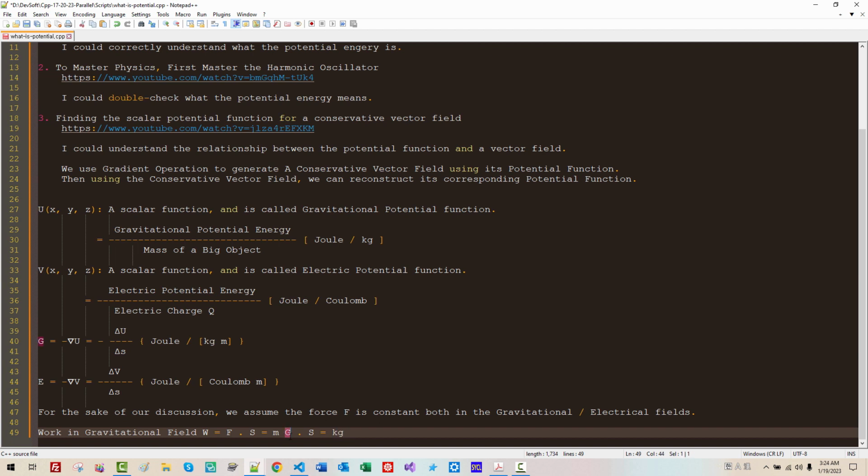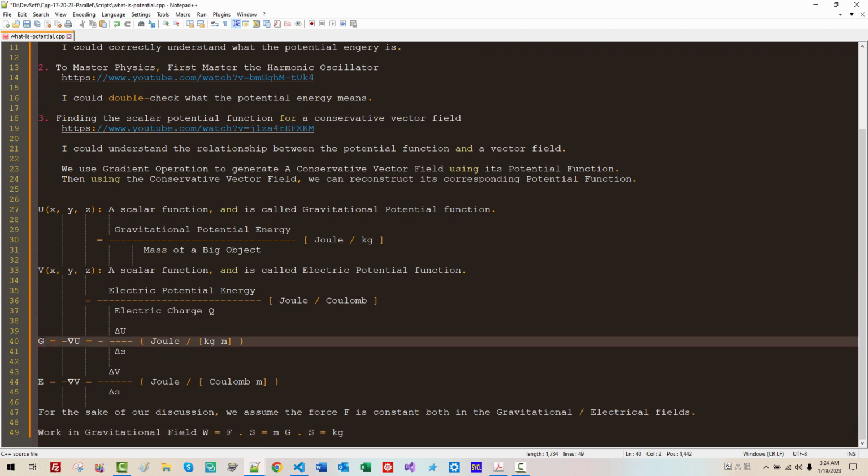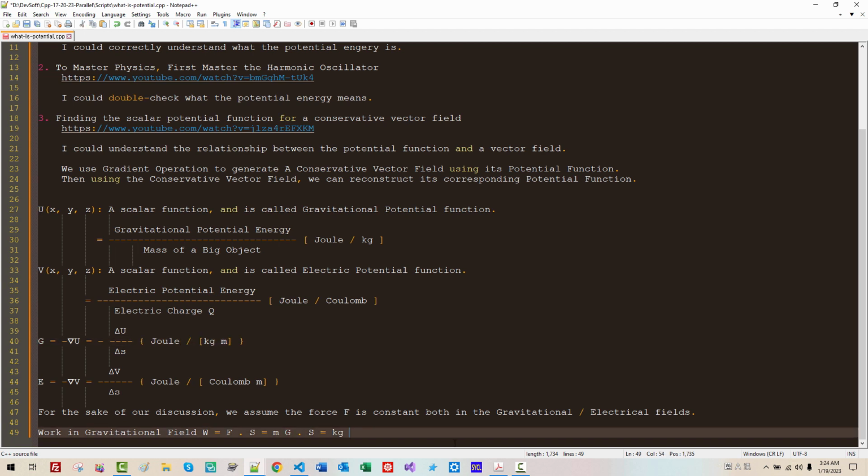Then g, the gravitational field, has this unit. Then S is distance, so its unit is meter. From this, the kilogram cancels out. We have Joule.